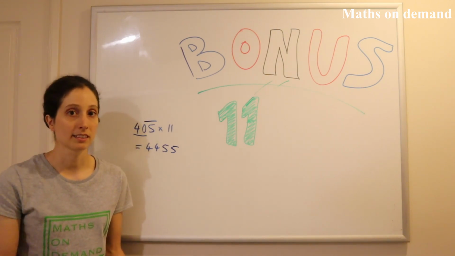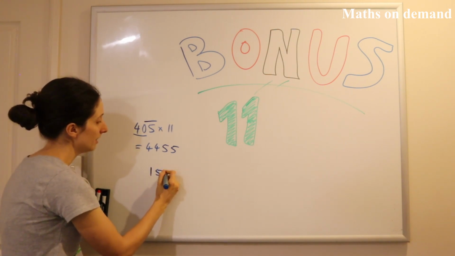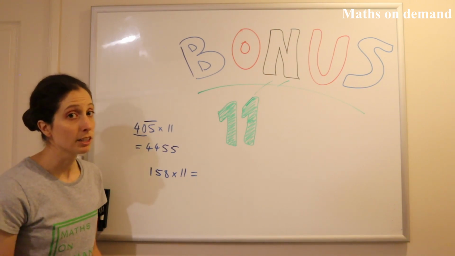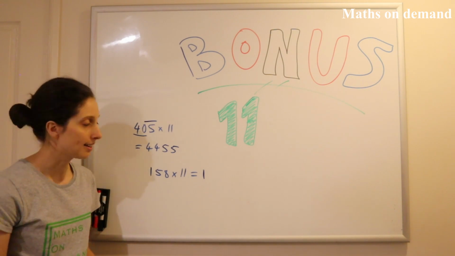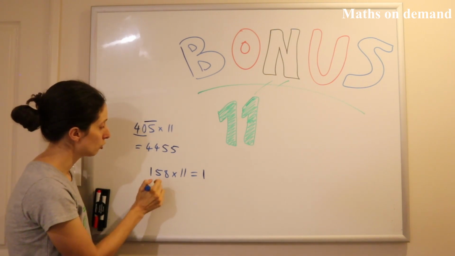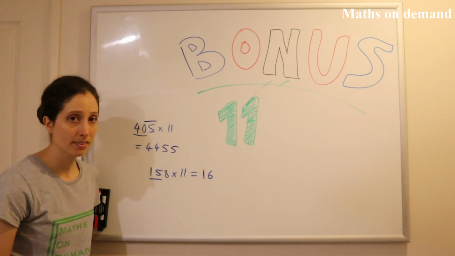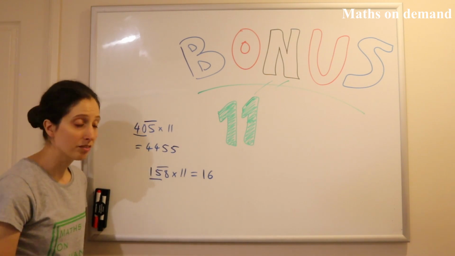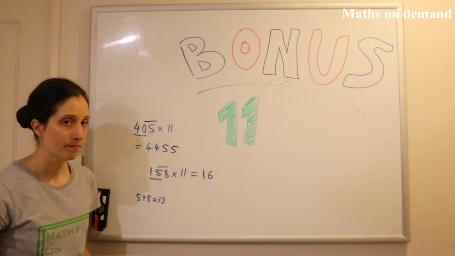Let's try one that doesn't have a 0 in the middle. How about 158 times 11? Let's see how we go. 1 is our first digit, we write it down. Now we add the first 2 digits. 1 plus 5 is 6. Now we add the second and third digit. 5 plus 8 is 13.